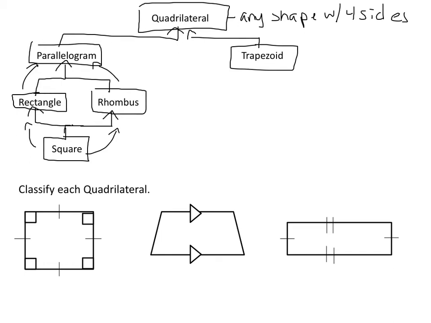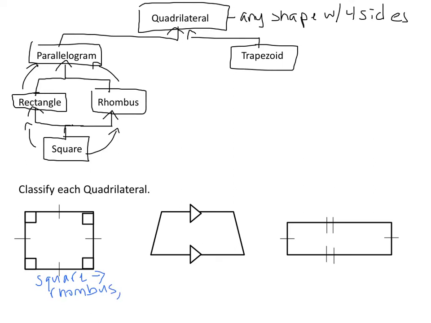Okay, so if we look at this first one, we have 4 right angles and 4 congruent sides. So since it has 4 right angles and 4 congruent sides, its most specific classification is a square. And that's basically usually what we're looking for. But for your information, if it is a square, because it has 4 congruent sides and opposite sides are parallel, it is also a rhombus.